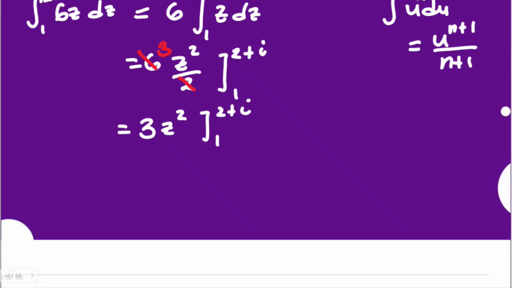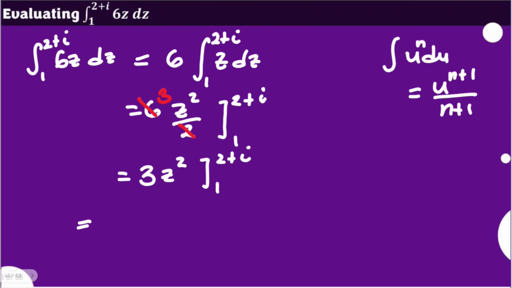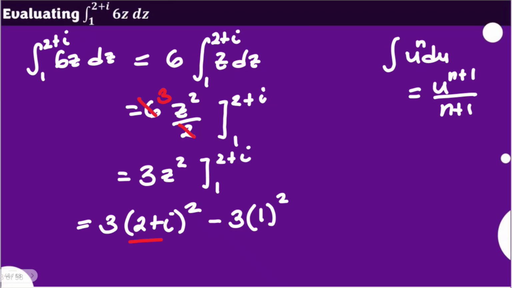So as we have that, this is equivalent to 3 times the upper boundary (2 plus i) squared, minus 3 times the lower boundary 1 squared. Now, take note we have a square of a binomial expression. If you don't want to write that there, of course you can have it here: (2 plus i) squared, which is (2 plus i) times (2 plus i).